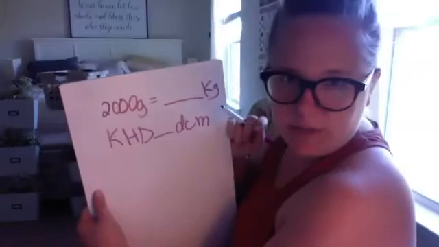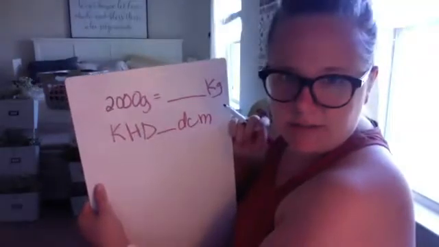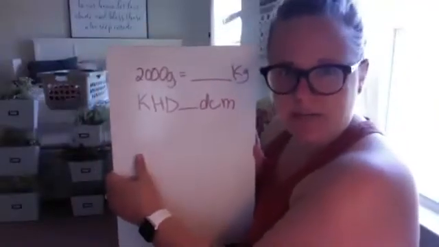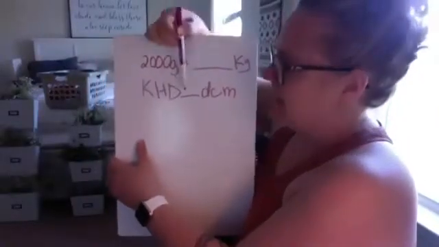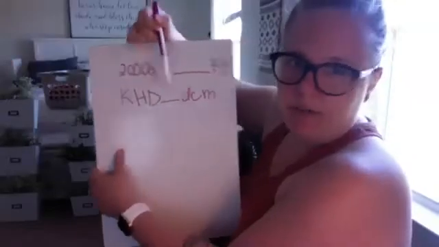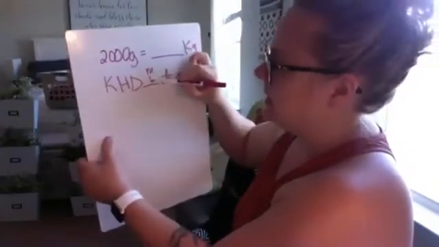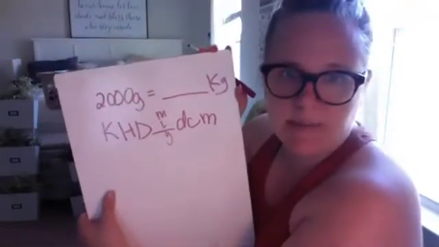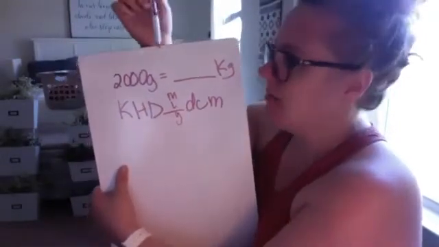Does that look more familiar now? Yes? Okay, cool. Just to show you again, in the center right here is where our base units go. Meters, liters, and grams are the 3 base units. In this case, we're talking about grams.